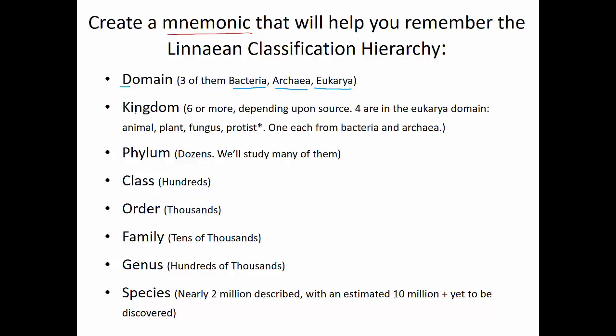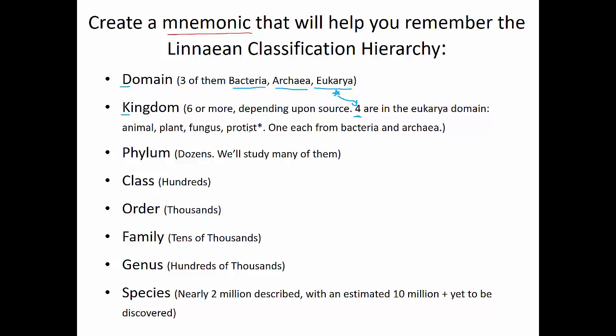Once we are in our domain, we can then say what kingdom the organism is in. There are 6 or more kingdoms depending on how you classify things and depending on what source you're looking at. 4 of the kingdoms are in the eukarya domain: animals, plants, fungus, and protists. Now, protists is one of the kingdoms that is questionable because most people no longer count protists as one kingdom.